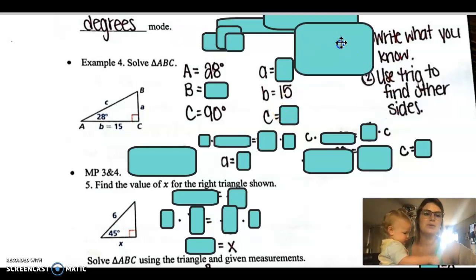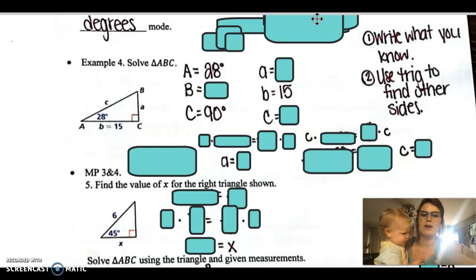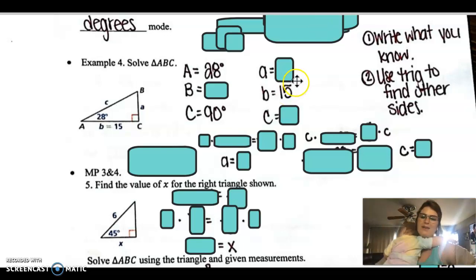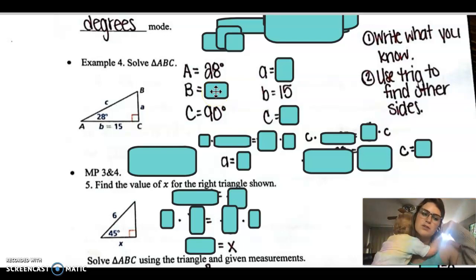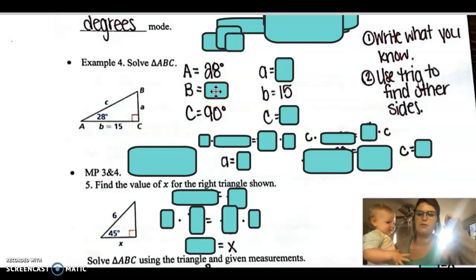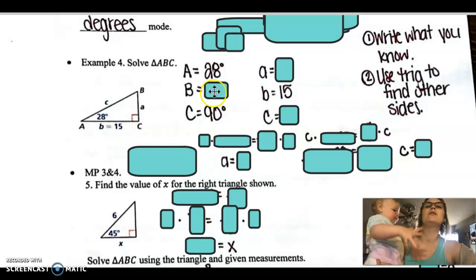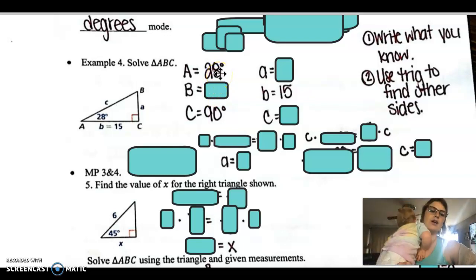So step 2, after you write what you know, you use trig to find the other sides. If we want to find angle B first, you can do it one of 2 ways. We know that the angles in a triangle add up to 180 degrees.